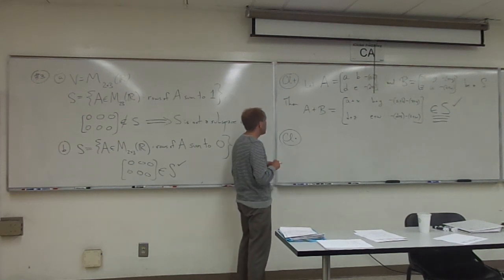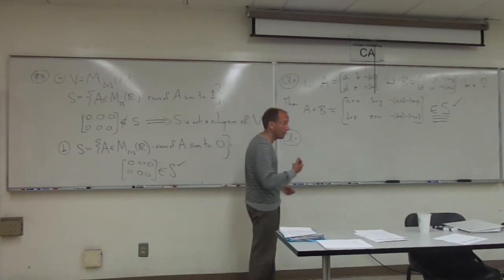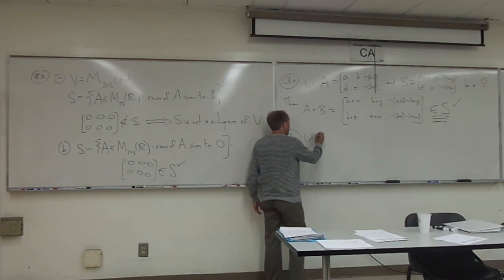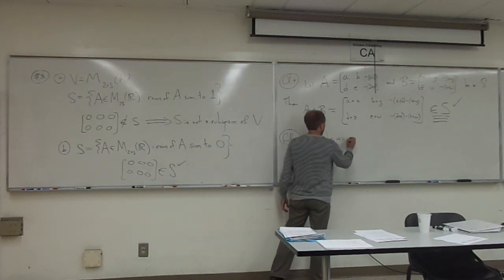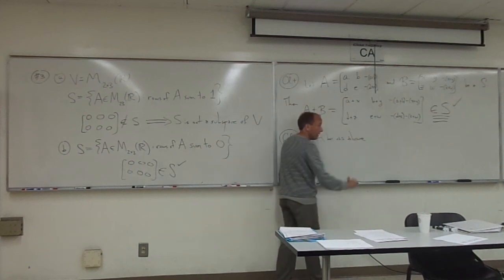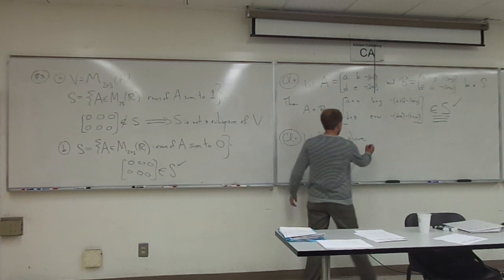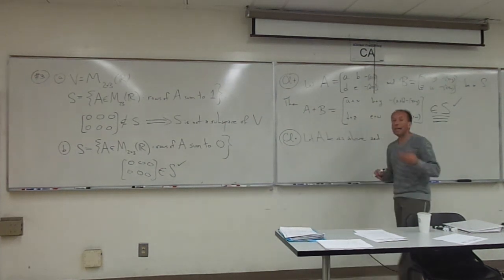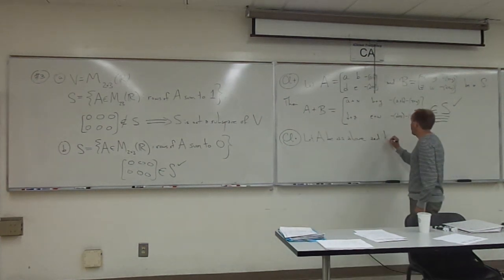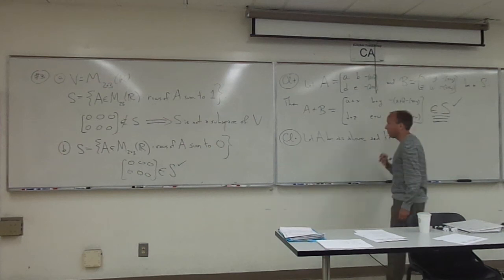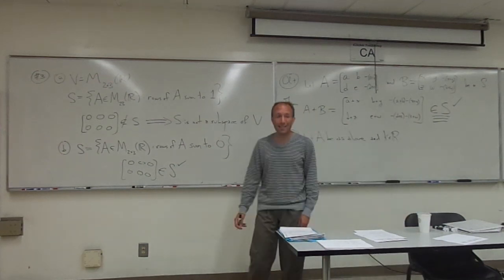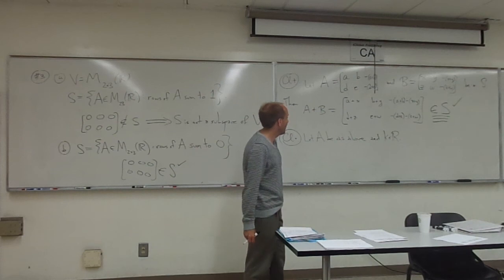So for the closure under scalar multiplication, the way I would like to start this would be to say the following. Let capital A be as above. That way you don't have to write it down again. So you just take one vector that you used before, and you could write k be a scalar. I typically will just write k as an element of the real numbers just because it's shorter than to say all the words. Okay.